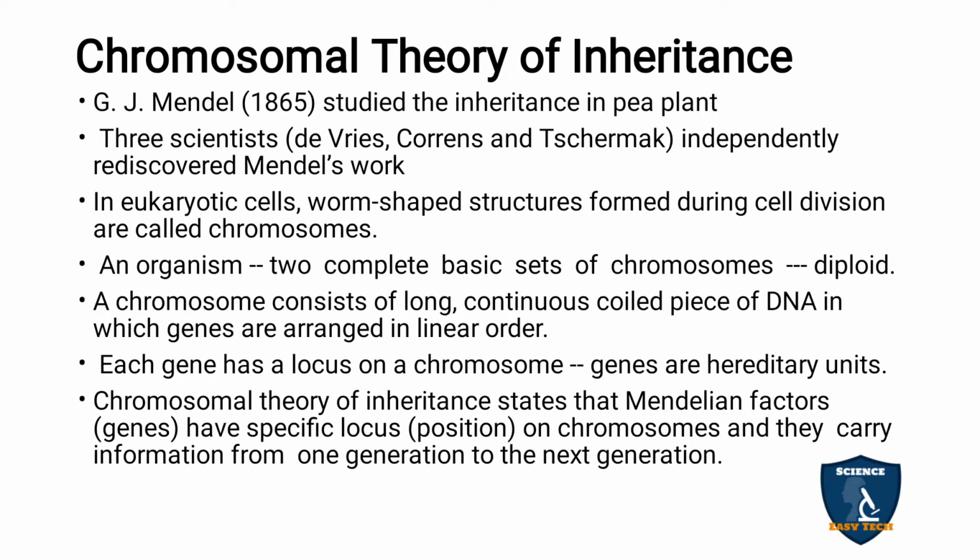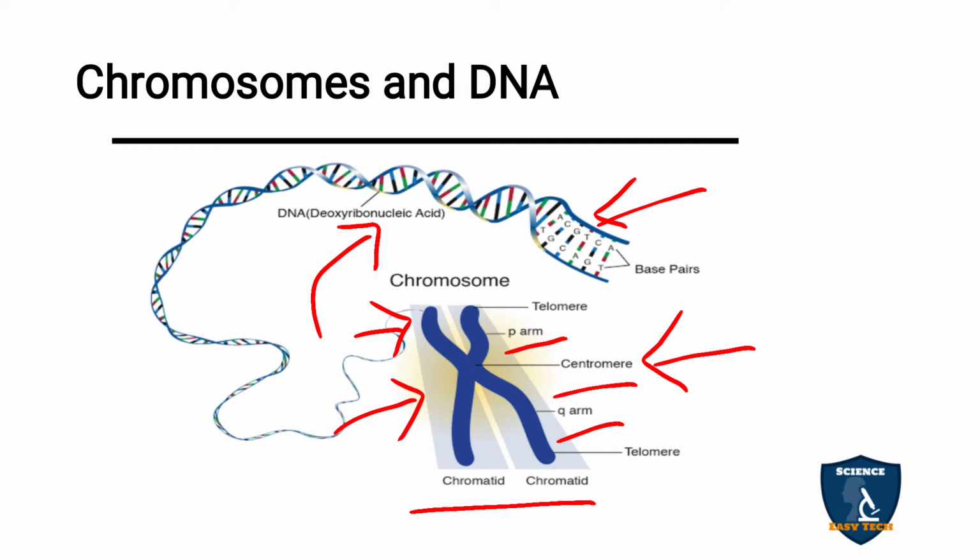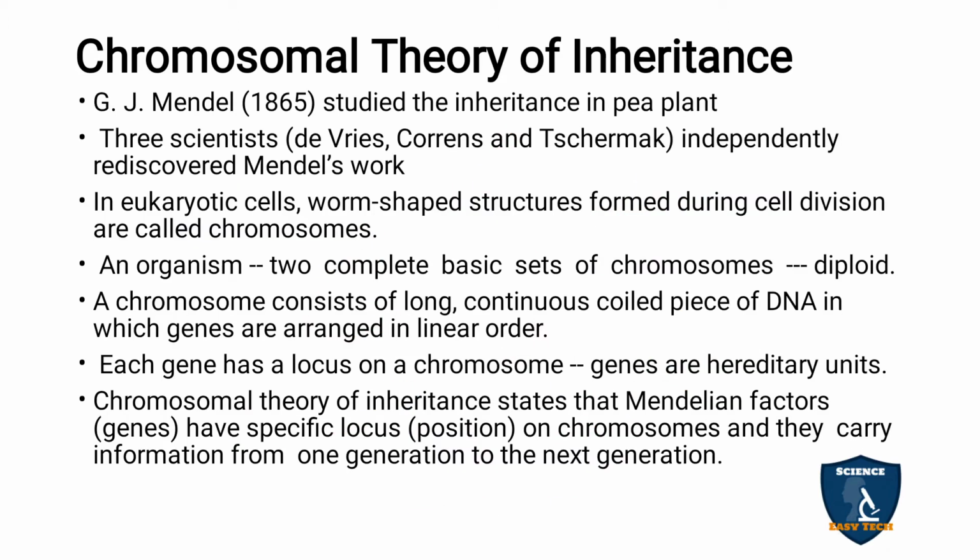Two sets of chromosomes we can name as diploid. And in the chromosome the DNA is coiled like this and compactly, tightly inserted in the chromosome in the form of genes.